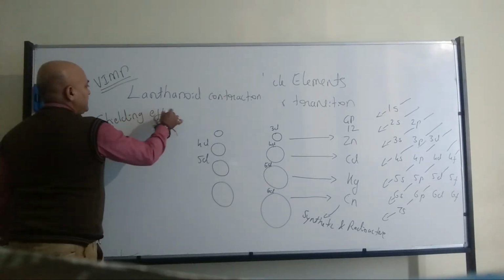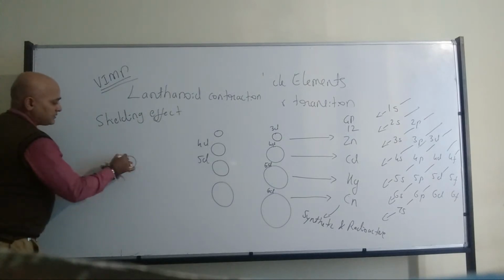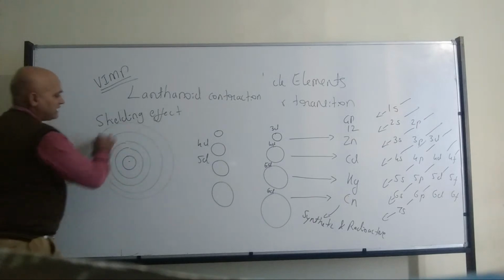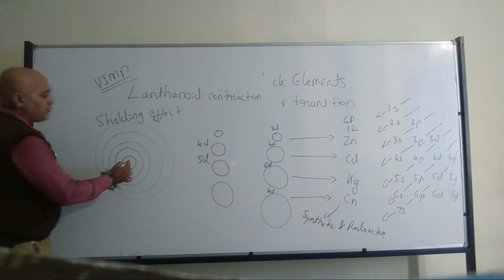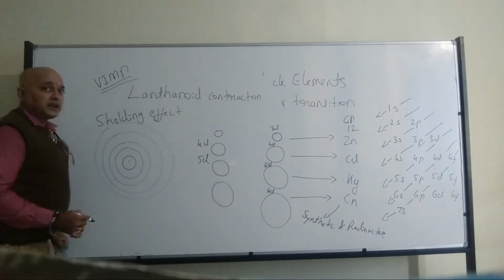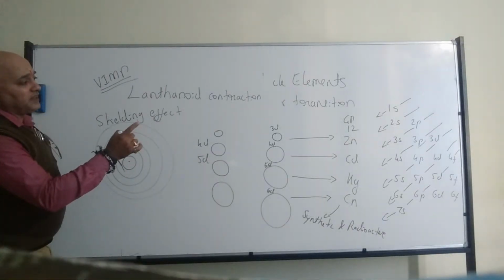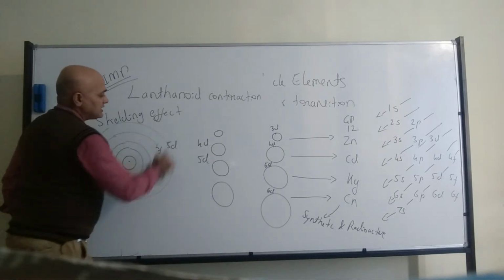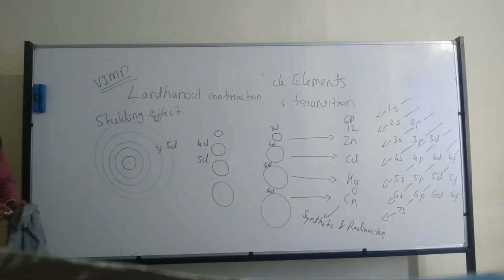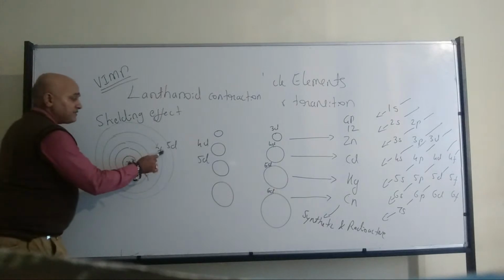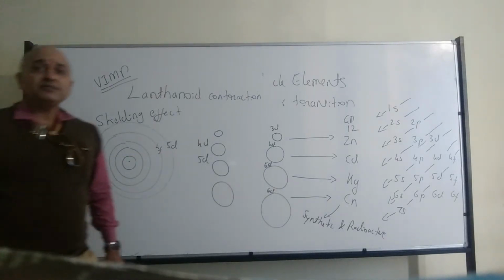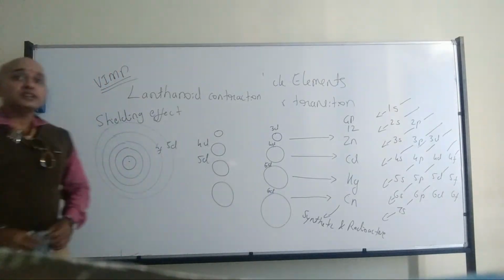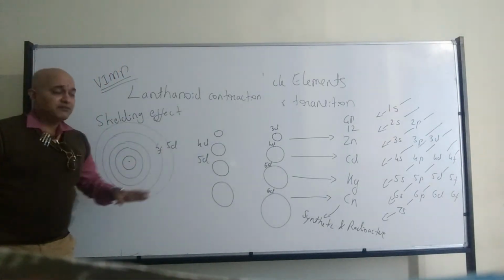now what is happening here? If I take this one as the element, now I have 1, 2, 3, 4. So we have the fourth energy level. That is 4F is present here, then 5D is present here. Right? Now, F subshell electrons will have very little shielding effect on the outer shell electrons. Once again I will repeat.